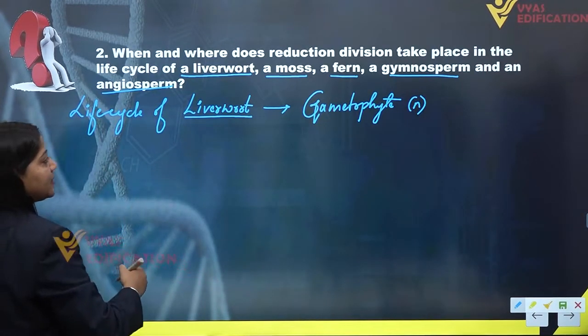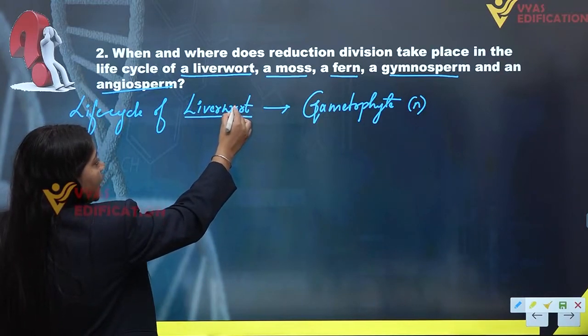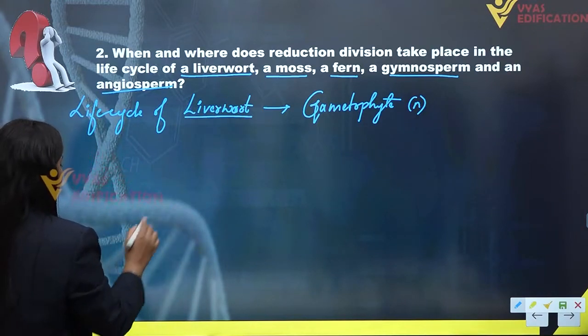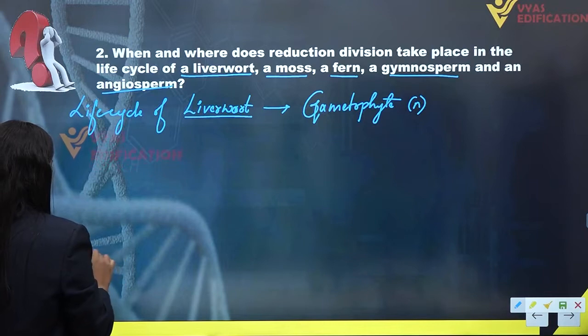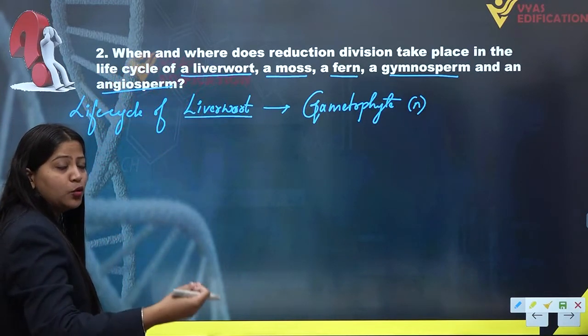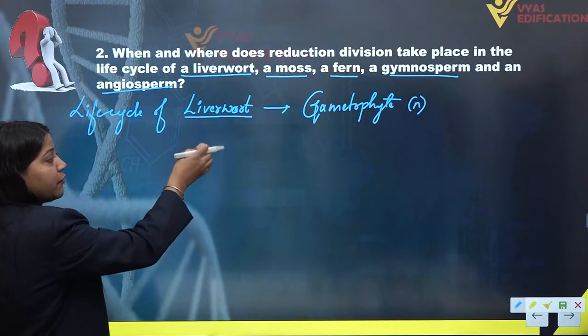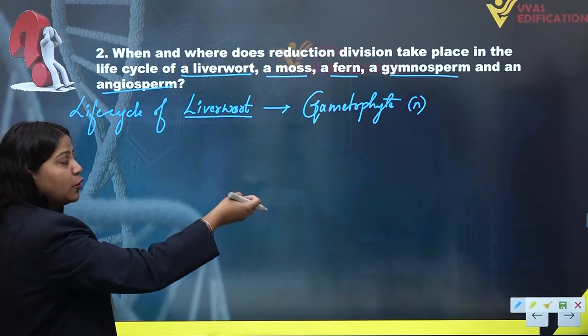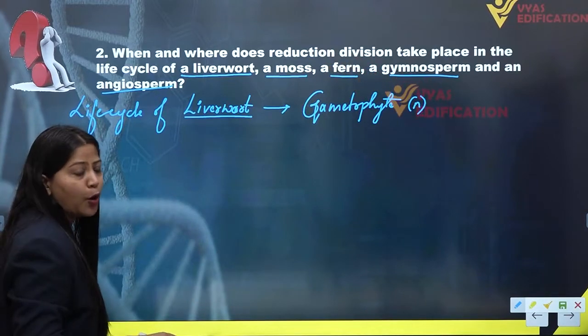So if we take an example of liverwort, we know that an example of liverwort is Marchantia. Now Marchantia does not have true stem, root and leaves. The main plant body of liverwort or Marchantia is the gametophyte, which is a thalloid body.